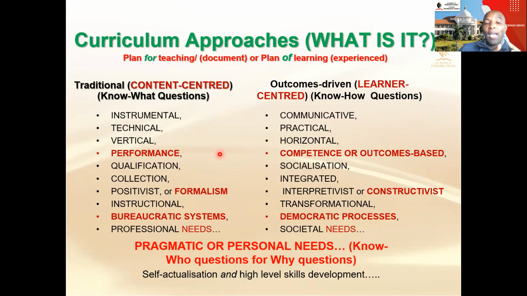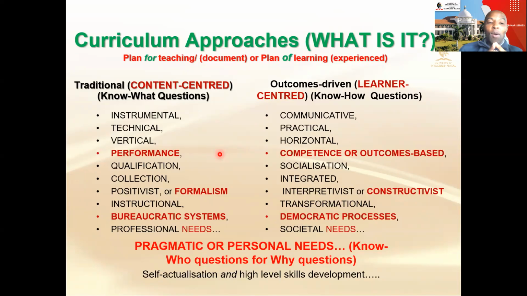So all that they had in that part of curriculum, everything was prescribed there. But then we also had another one, which was called competence-based curriculum, or outcomes-driven curriculum, or learner-centered curriculum.